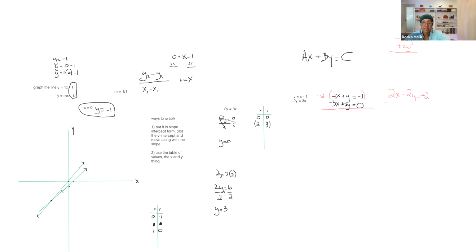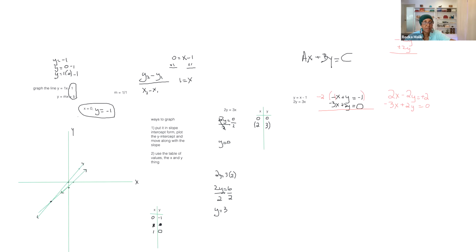And I didn't do anything to this equation, so I'm just gonna rewrite it on this side. -3x plus 2y equals 0. And now I'm gonna add them together because I hope that when I add them, something's gone from there.